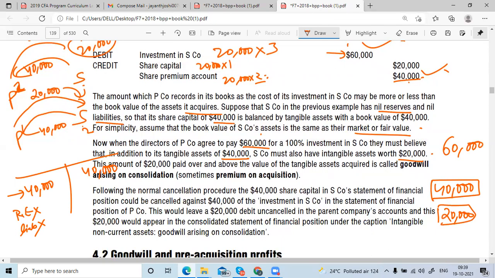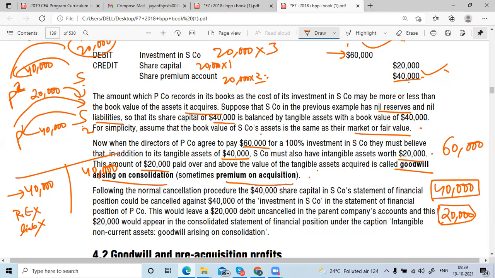Goodwill. How much? 20. That is the reason why they are paying extra. They are justifying it. So the payment amount of 20 over and above the value of tangible assets is called goodwill arising on consolidation.